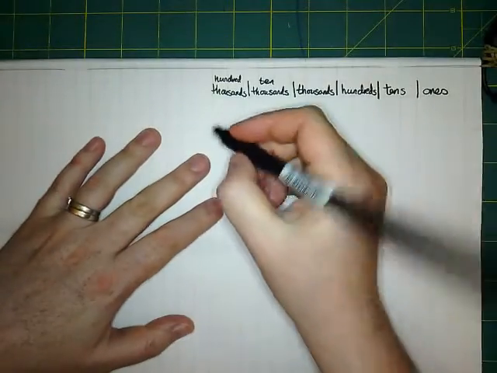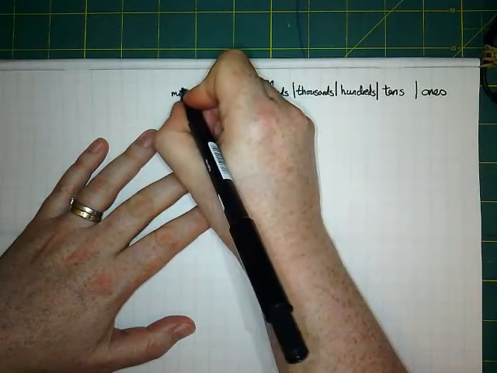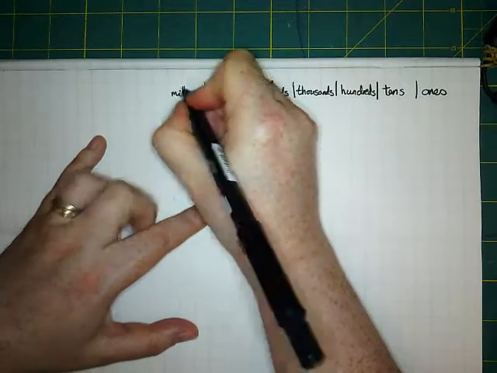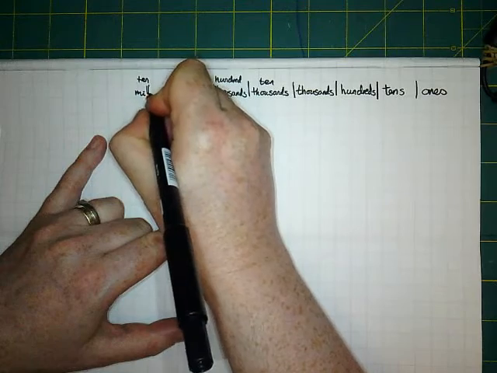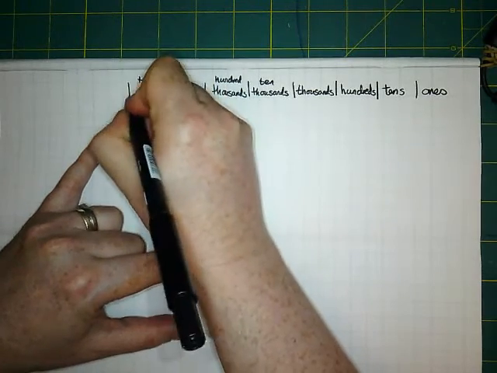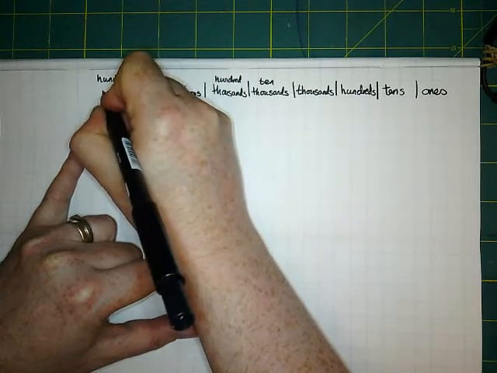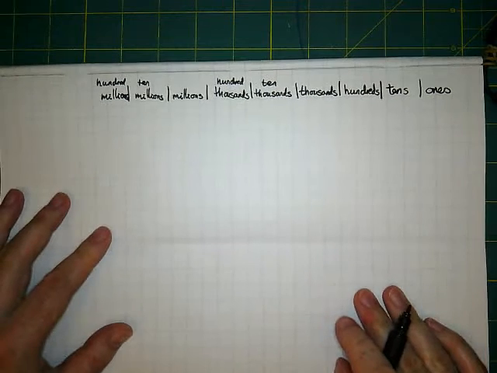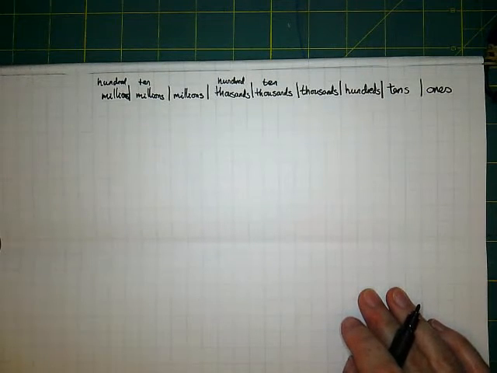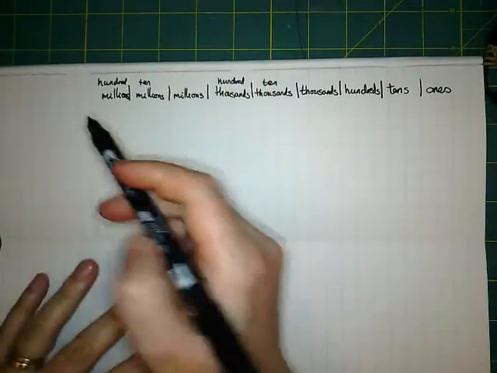After my thousands, I get millions, and it follows the same pattern. I get millions, 10 millions, 100 million. And after millions would come billions.